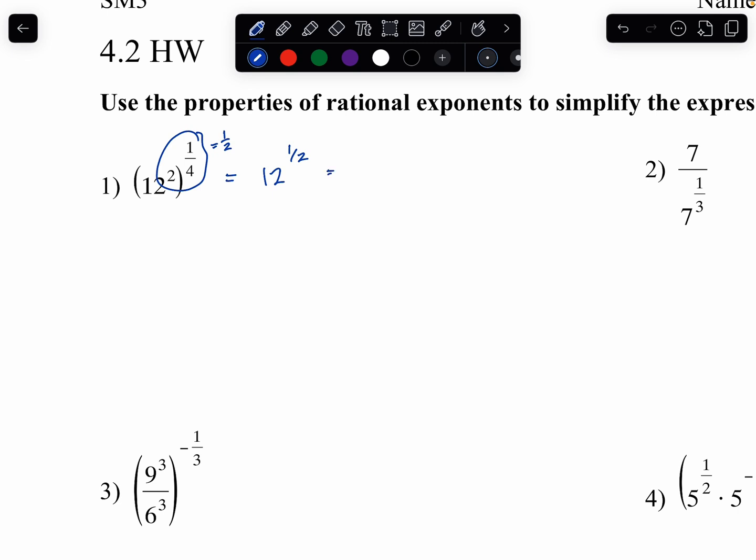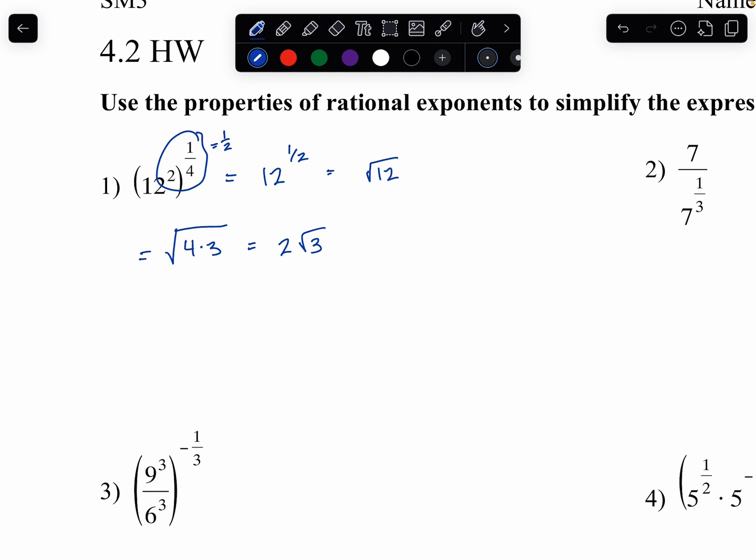And that's equal to the square root of 12. Okay, and the square root of 12 is equal to the square root of 4 times 3, and I can take the square root of 4, which would be 2, and then I'd be left with the square root of 3.